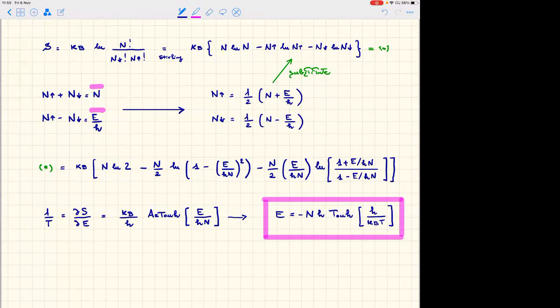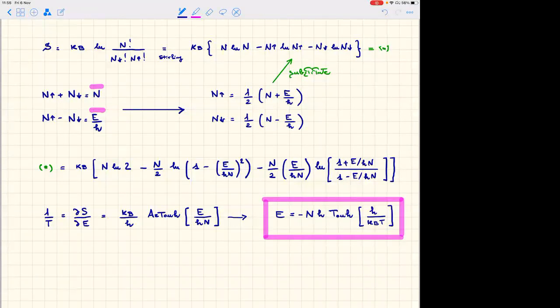So you understand that the idea is the following. When you do a calculation and you get to a final result, of course you check yourself by seeing whether this result is extensive or not, whether it satisfies the simplest possible properties that you expect from the physical quantity you're calculating.